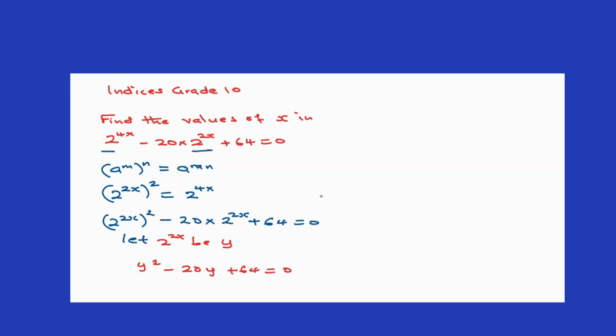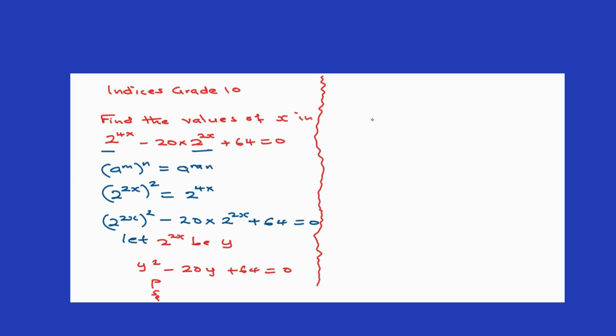Look at that equation. Which kind of equation is that? You notice that this is actually a quadratic equation that needs to be solved. You have to know how to solve this using PSF, that is product, sum, and factors.